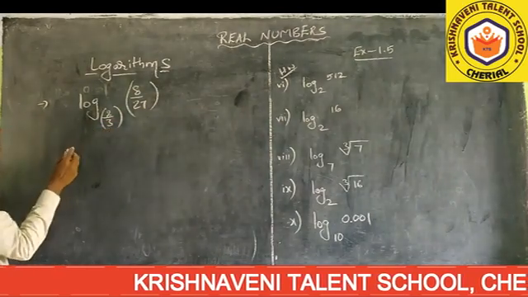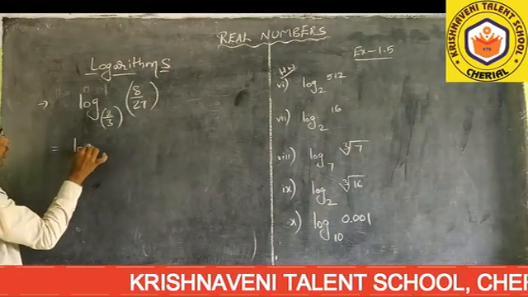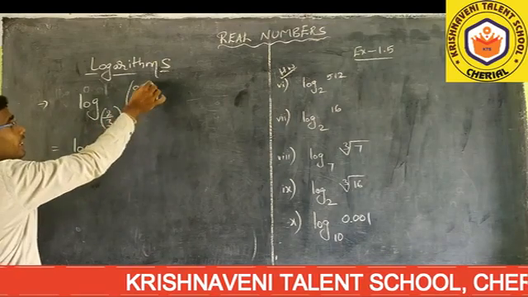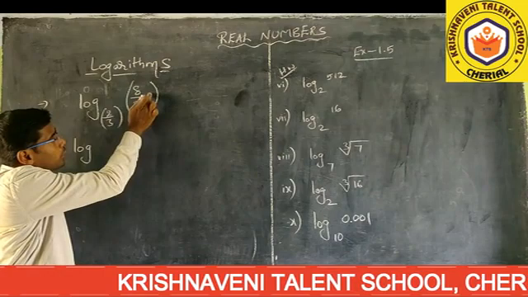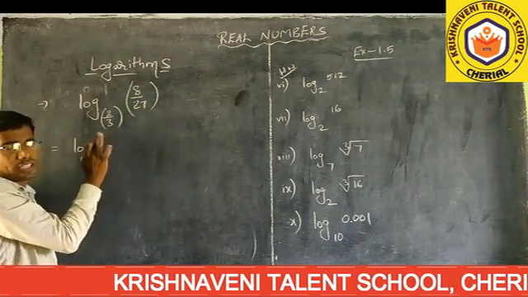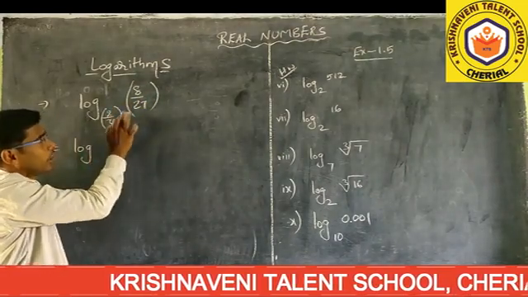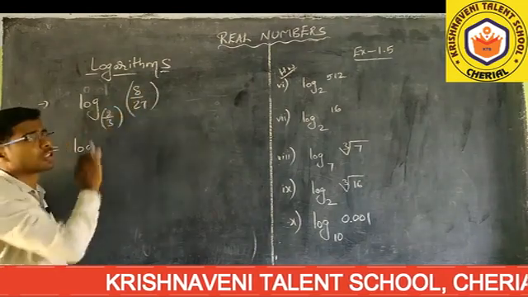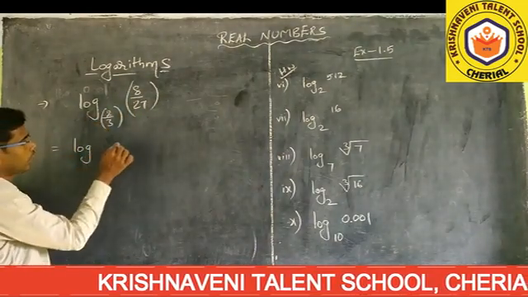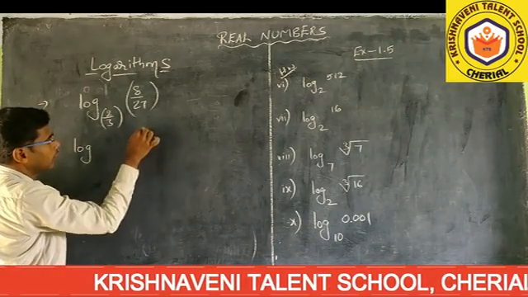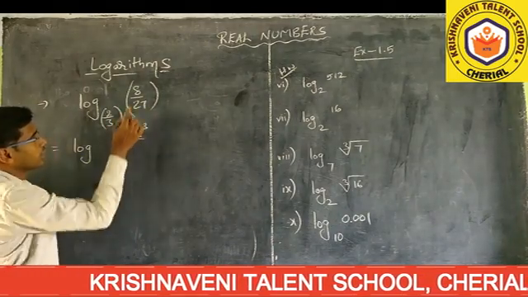Clearly I said you that always you have to observe the number and the base properly. Here the base is the smallest, so the number you have to bring into the form of the base. What is the base? 2 by 3. So now how can we write this? 8 you can write as 2 cube.